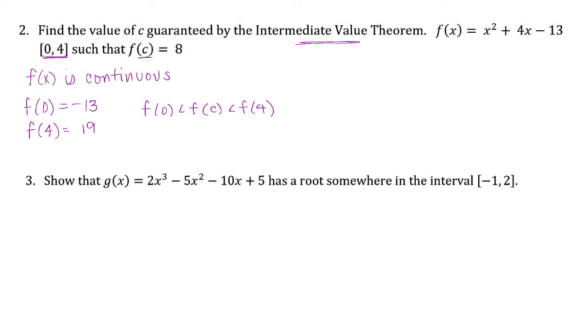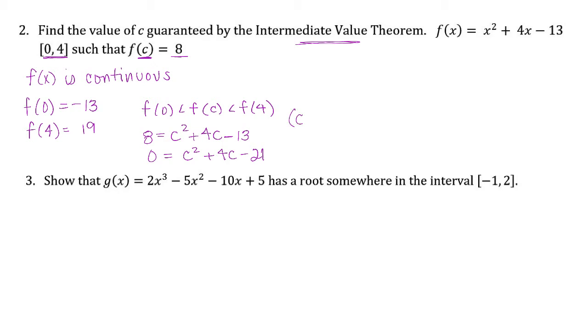So what I need to do is sub in c for x and set the function equal to 8. So I have 8 equals c squared plus 4c minus 13. We need to set this up for factoring, so I'm going to subtract 8 over, and that's going to give me negative 21.